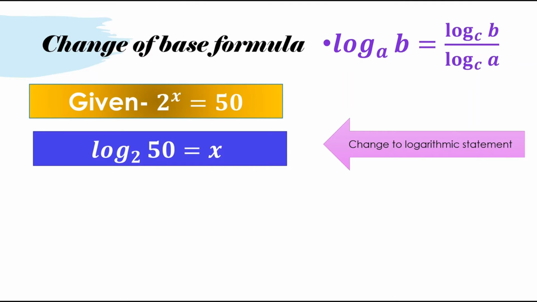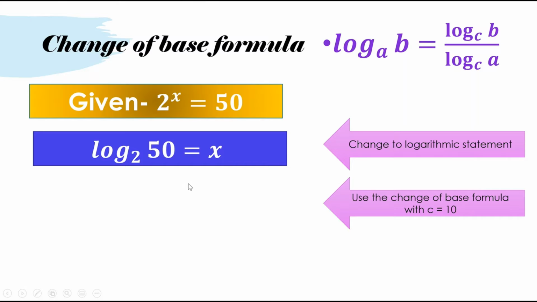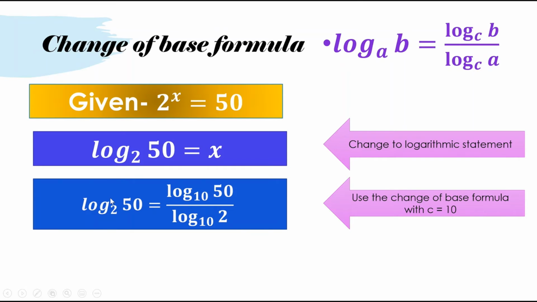Now we use the base change formula to convert this to a usable form so that we can find the value with the help of a calculator, because you can see here the base is 2 and our calculator may not give a value with base 2. So we can use the base change formula: log of 50 with base 2 will be equal to log of 50 with base 10, since 50 was the argument on the left hand side, so it comes to the numerator, divided by log of 2 with base 10.